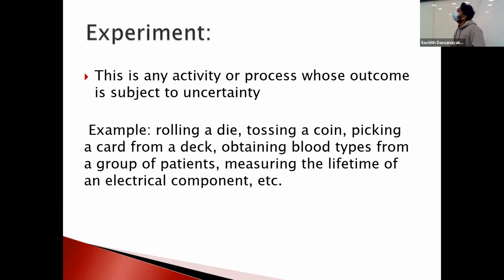First, consider an experiment. An experiment is something we call an environment where we can do activities or processes whose outcomes are uncertain. But in all experiments, we know all the outcomes that we can get.